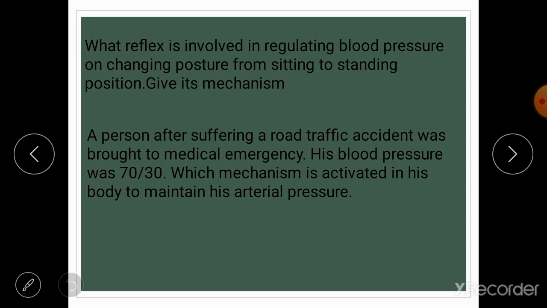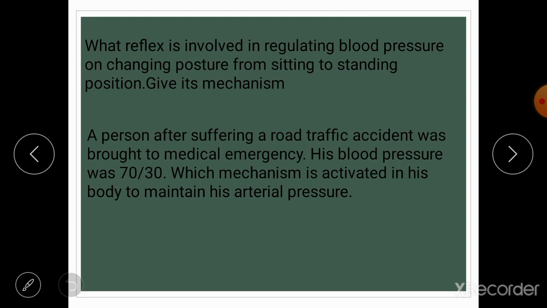This is known as orthostatic hypotension. But you do not faint every time you stand up. Why is that? Because there is a mechanism within your body which suddenly acts and raises your blood pressure back towards normal. So the reflex involved is the baroreceptor reflex, and in this question you have to explain the baroreceptor reflex and how it works with an example.